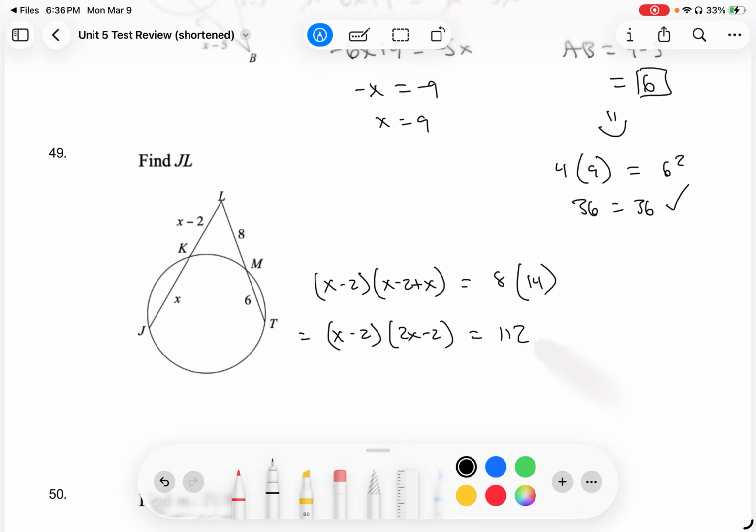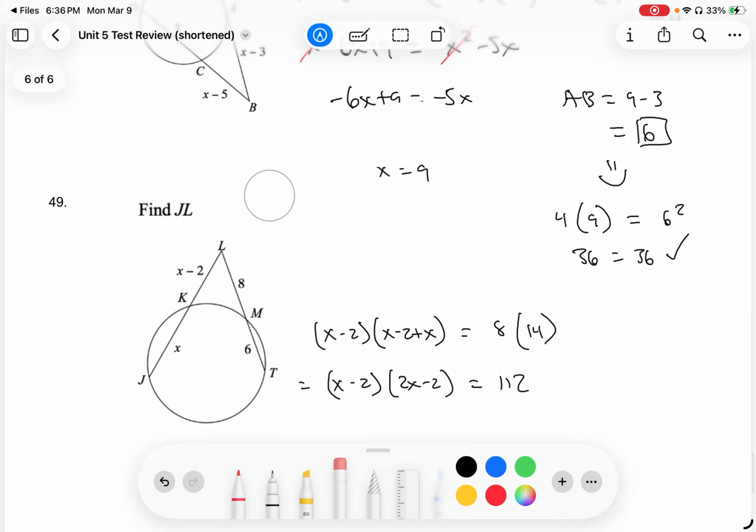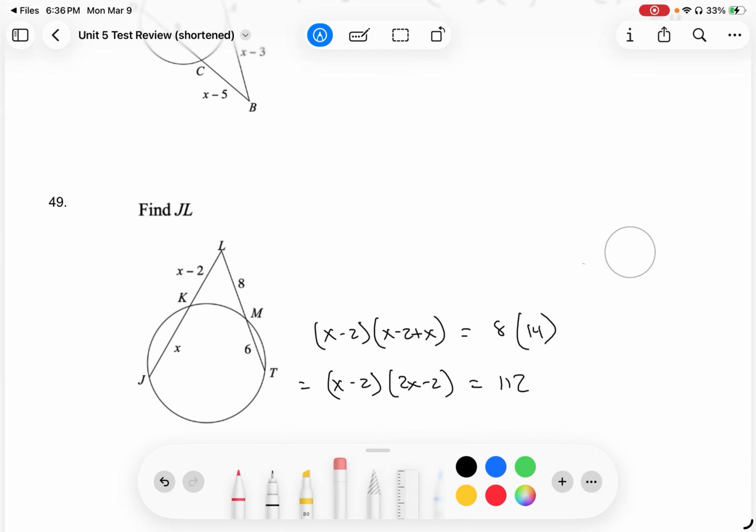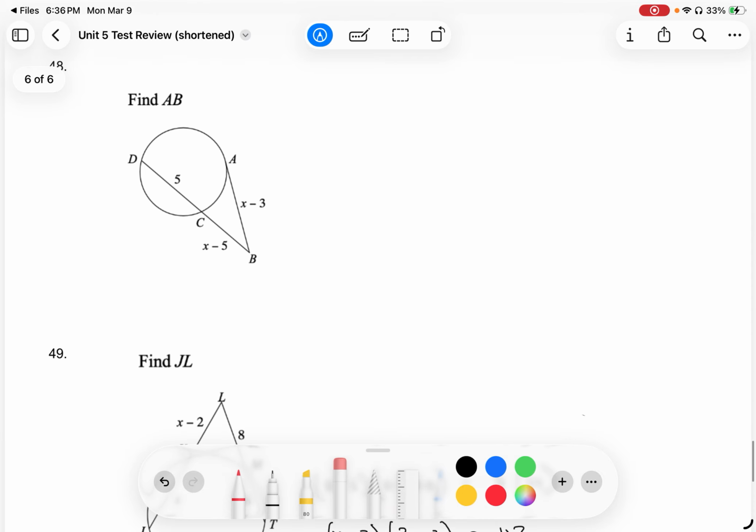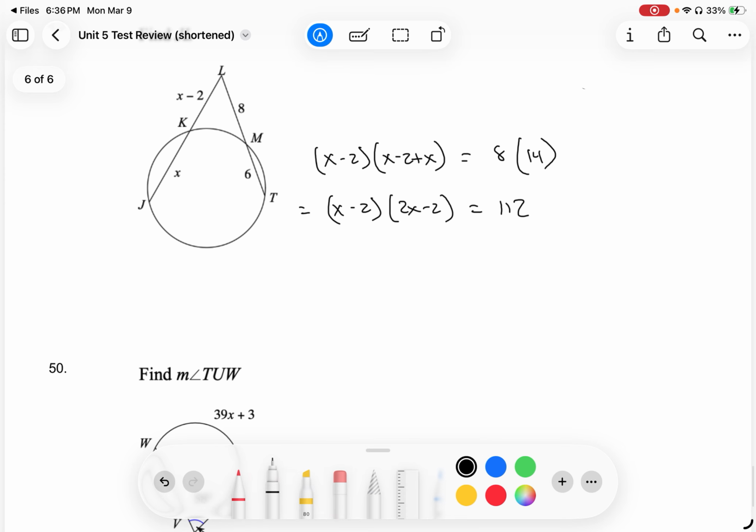Okay, I'm going to erase some things here so that this thing doesn't freak out too much.